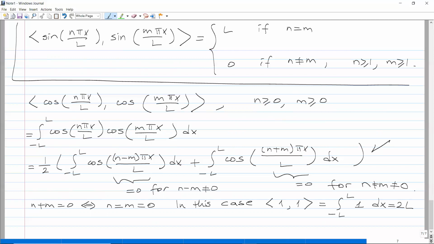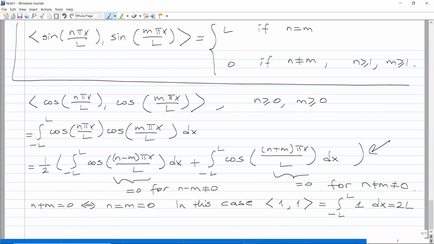Or by this formula, when both of them are 0, this integral is going to be 2L plus 2L, 4L, times 1/2 is going to be 2L. So the inner product of 1 and 1 is going to be 2L.